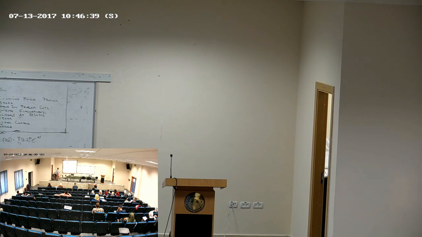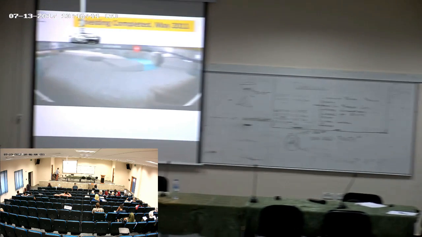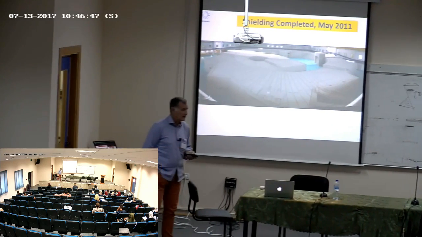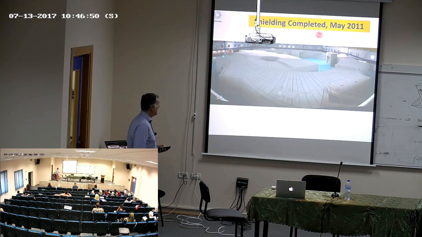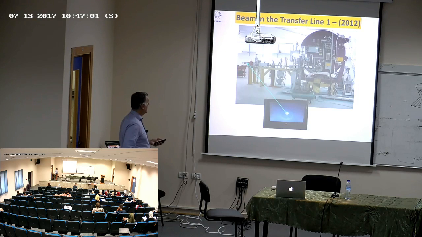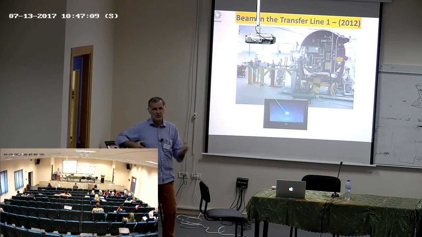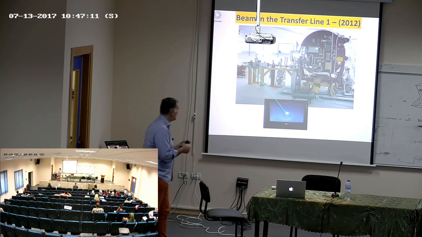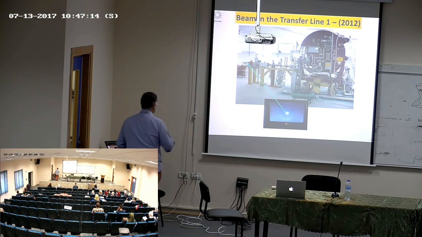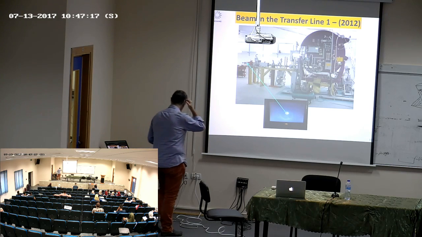And this is what the experimental hall, or the inside of Sesame, looked like in 2011. It doesn't look like that anymore, because all the space is filled now with instrumentation. The first activity was in 2012, when the pre-injector was reassembled and produced the first electron beam in 2012.